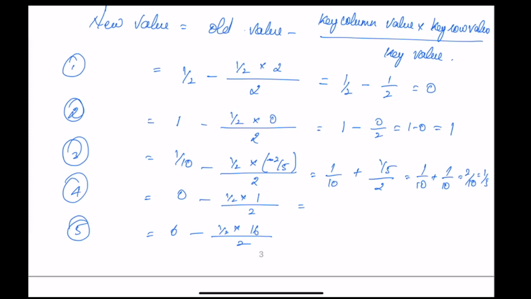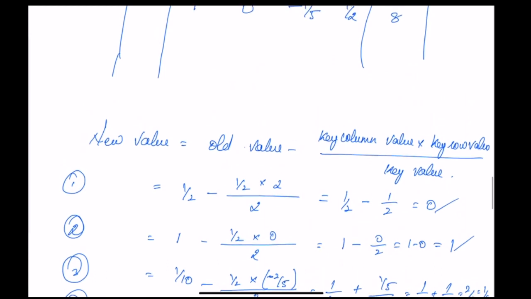And next we have 0 minus 1 by 4, which is equal to minus 1 by 4. And next 6 minus 8 by 2, which is 6 minus 4, which is equal to 2. So the new values are 0, 1, 1 by 5, minus 1 by 4, 2.